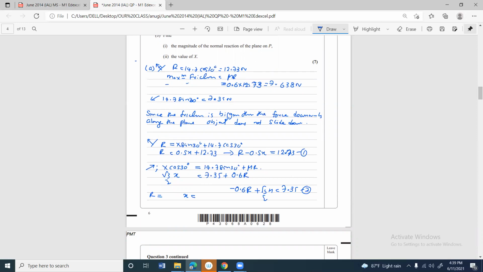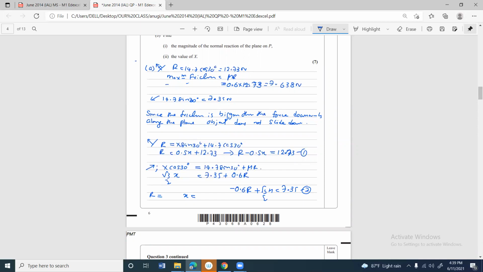We'll work it out as simultaneous equations. The first one is 1, minus 0.5, 12.73. The second one is minus 0.6, root 3 over 2, and 7.35.